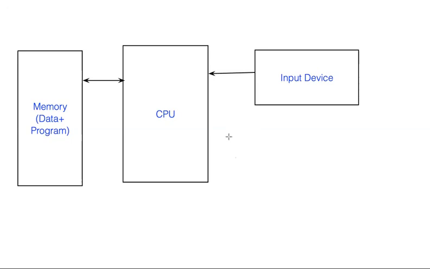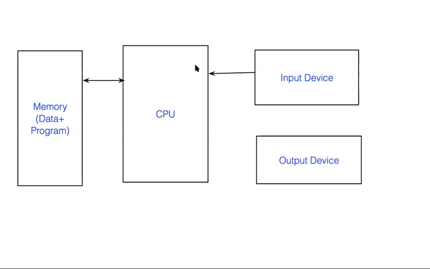Okay, so when you finish the calculation, the second thing is that you will use the output device. The CPU will write things to the output device.